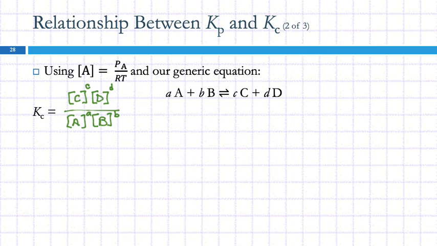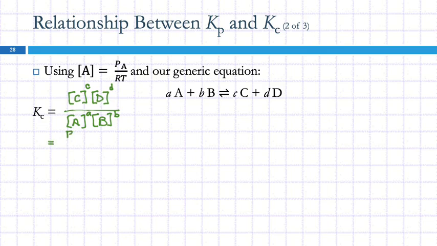So now what we're going to do is, instead of having the concentration of A, the molarity of A, we're going to put in something that it equals, right? So PA over RT is equal to that, and so I'm going to substitute this in here. And C is equal to the partial pressure of C over RT, and so I'm going to sub in for all these other guys. It's going to get messy.